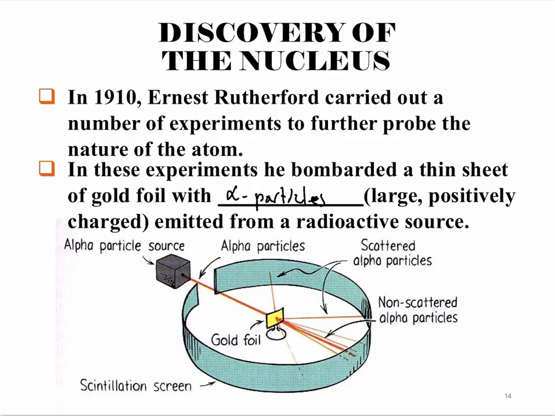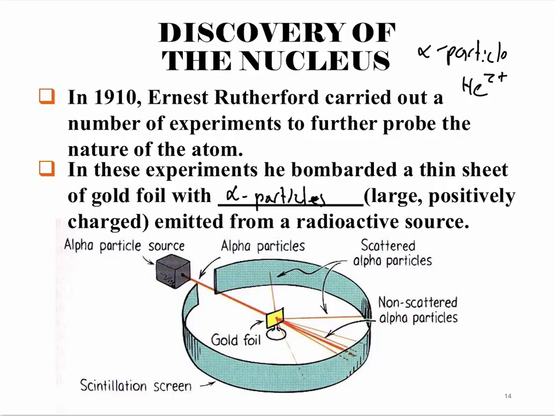If we get time to talk about nuclear decay, we'll talk a little about what an alpha particle is. Basically, an alpha particle is a helium atom with a positive 2 charge.